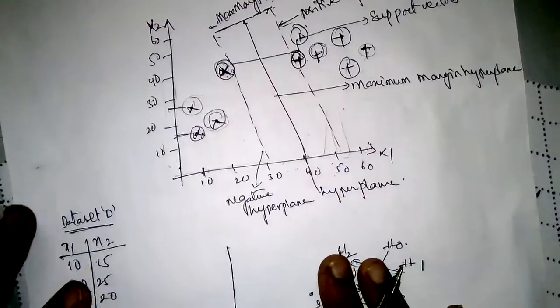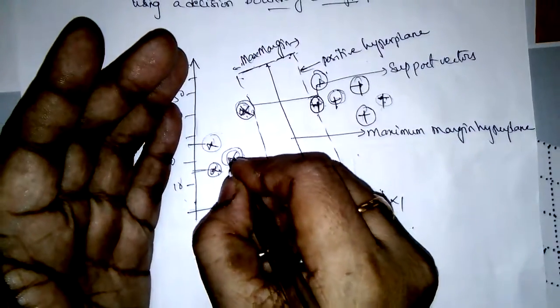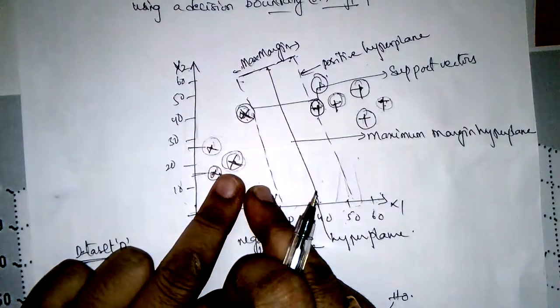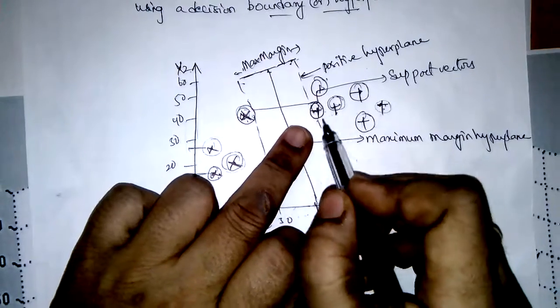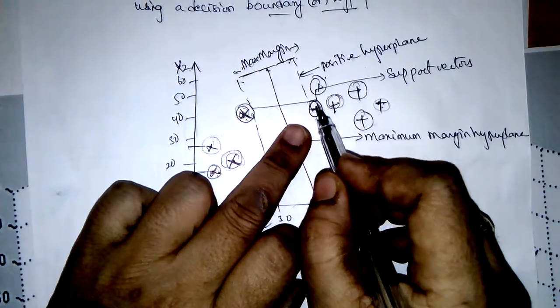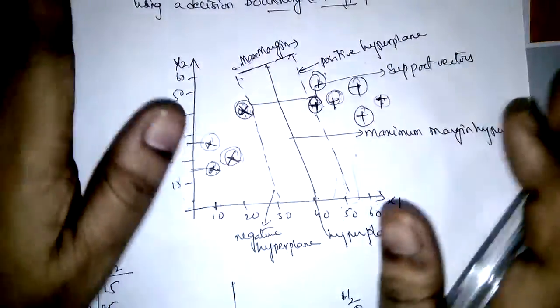Now when we plot like this, all the classes which are represented with x are on one side, and all the records on this side are represented with the plus mark.